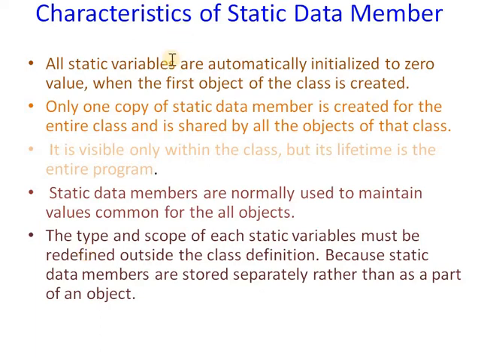There are some properties or characteristics of the static data members, such as: all static variables are automatically initialized to 0 when the first object of the class is created. The static variables are first initialized to 0. It starts from 0.